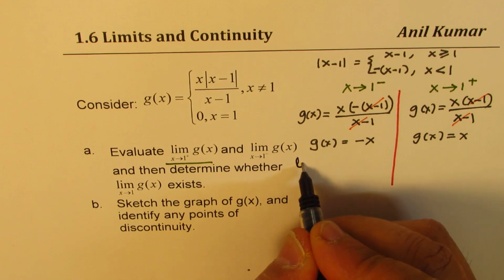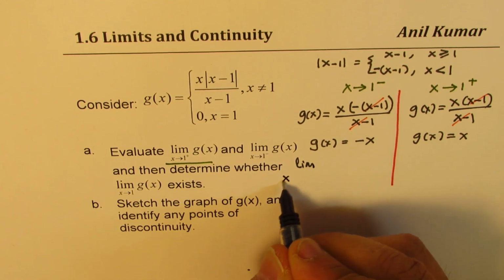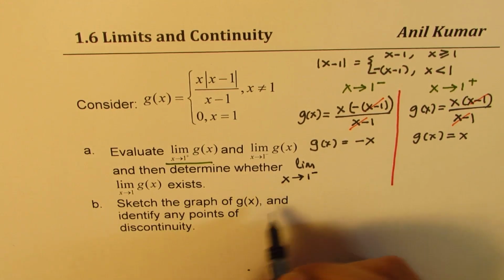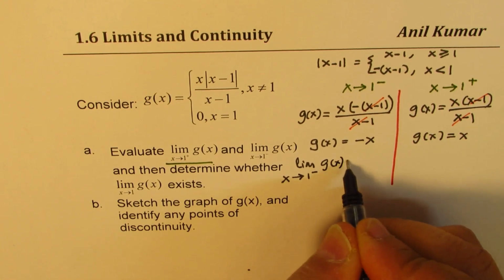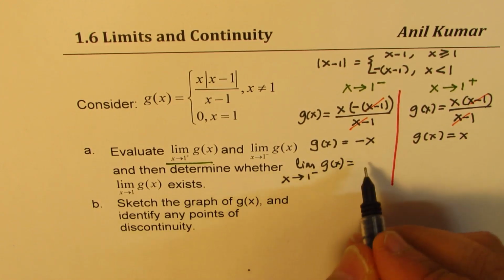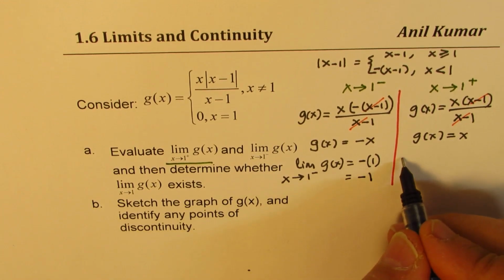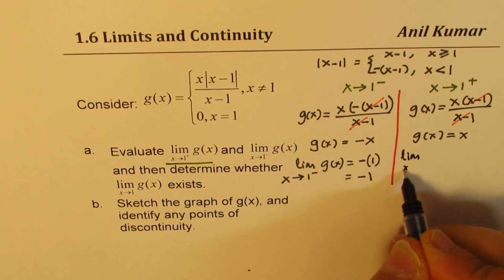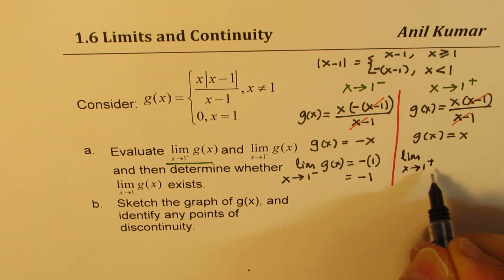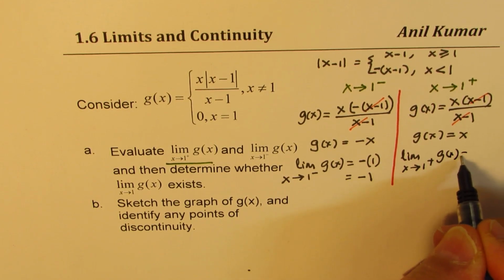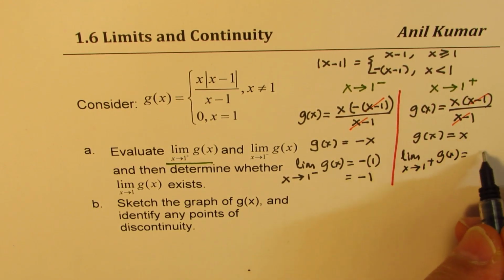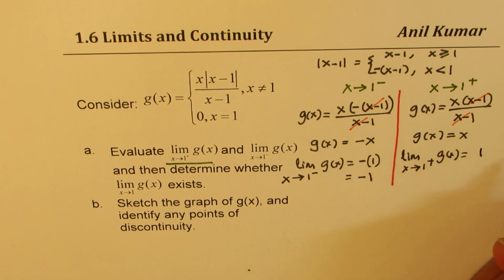So we can now write the limit when x approaches 1 from the left side for the function g of x is minus 1. On the other hand, the limit when x approaches 1 from the right side for the function g of x, then x will be 1, so it will be plus 1.